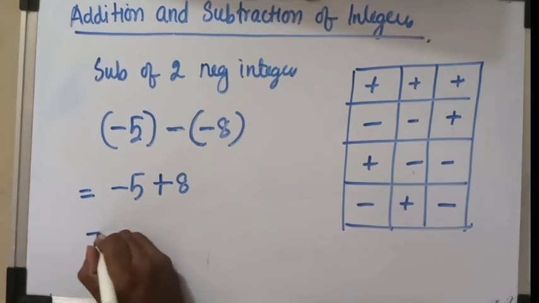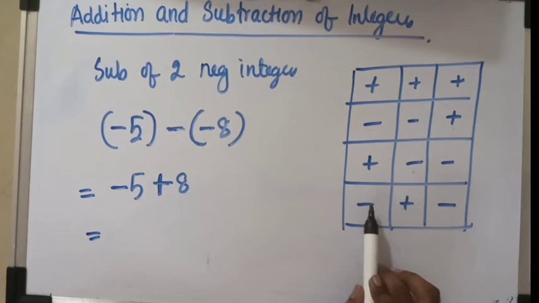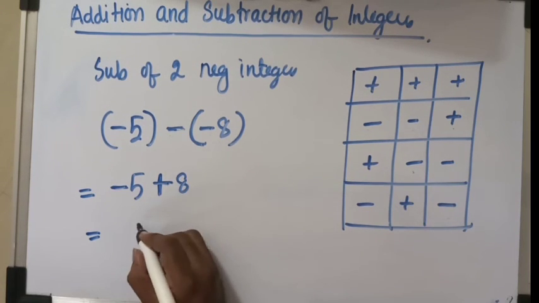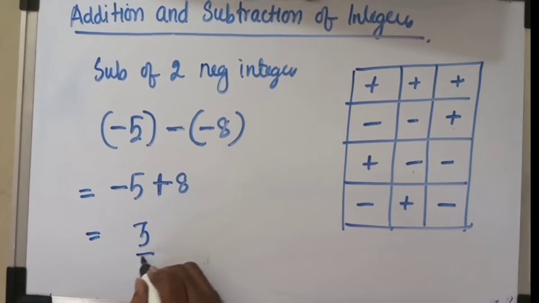Okay, so now how will I solve? Minus plus, what I need to do? What is minus plus? It is minus. So I need to subtract both of these. My answer will be 3. Which is the greatest number? 8. 8 is positive, so 3 will also be positive. Okay children, so this is how you need to add or subtract two positive or negative numbers.